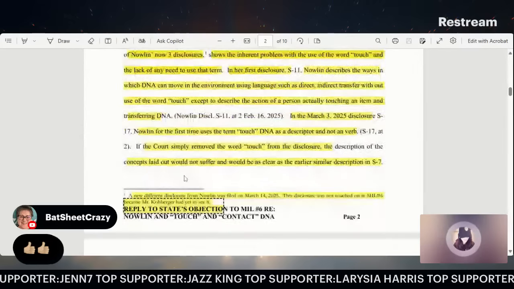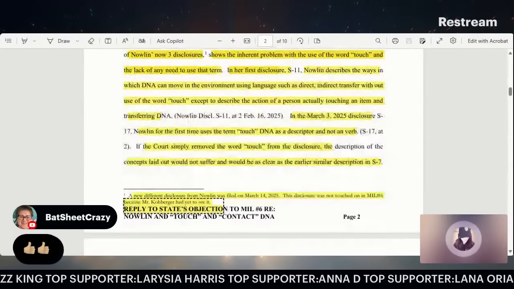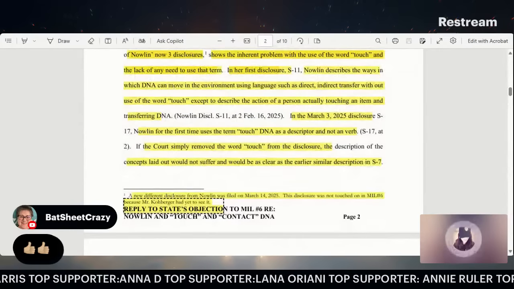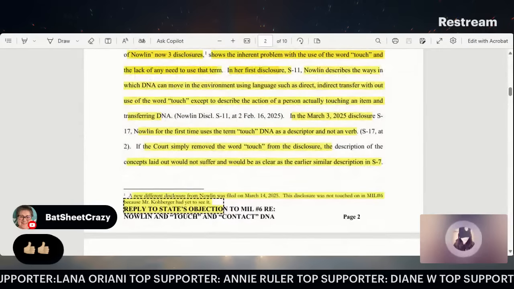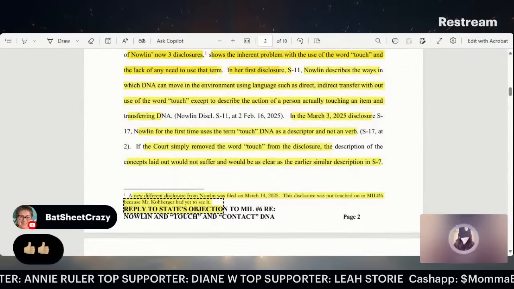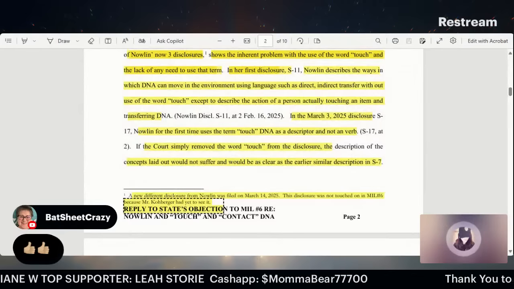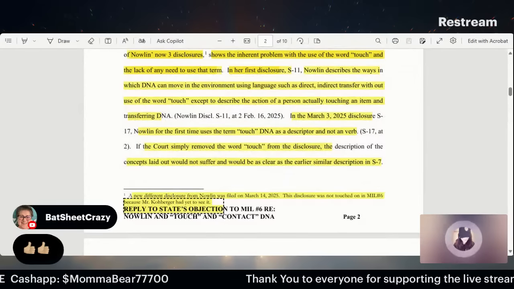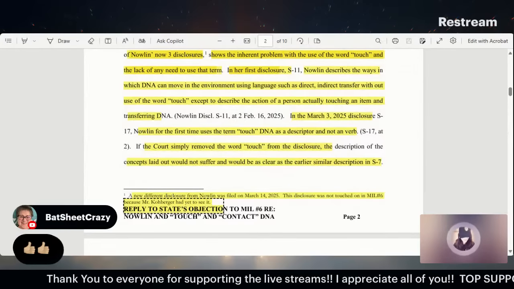In the March 3rd, 2025 disclosure, Nowlin, for the first time, uses the term, quote, touch DNA as a descriptor and not a verb. If the court simply removed the word touch from the disclosure, the description of the concepts laid out would not suffer and would be as clear as the earlier similar description in S7.